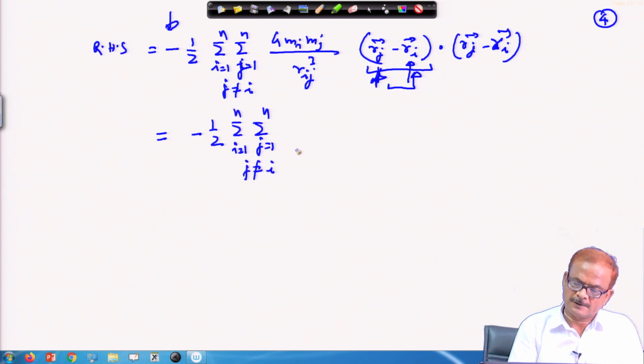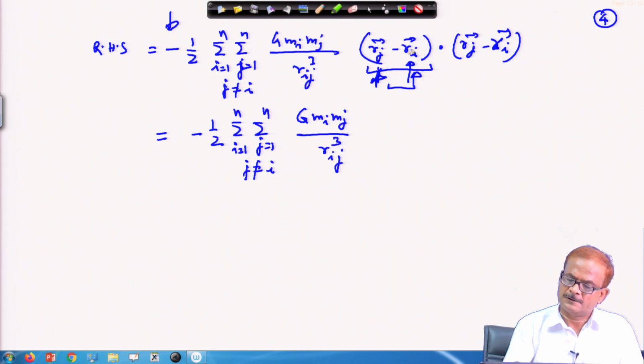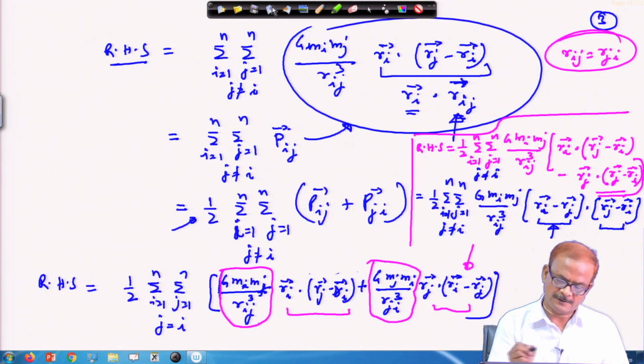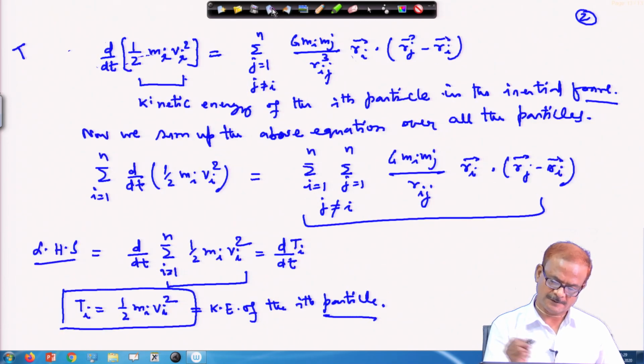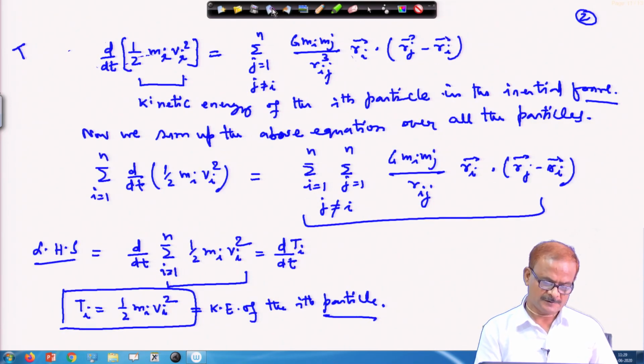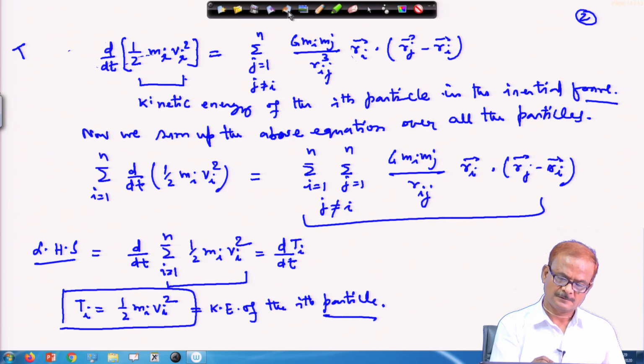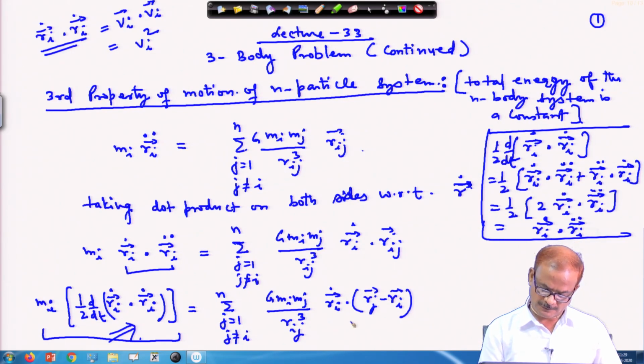J not equal to I, g m I m j divided by r I j whole cube, and you can see that this quantity is one part we have missed out here. See, while working we often make mistakes, and this mistake is long standing.